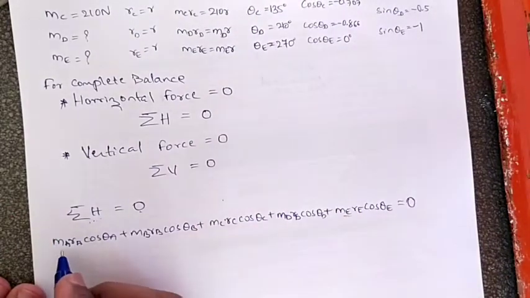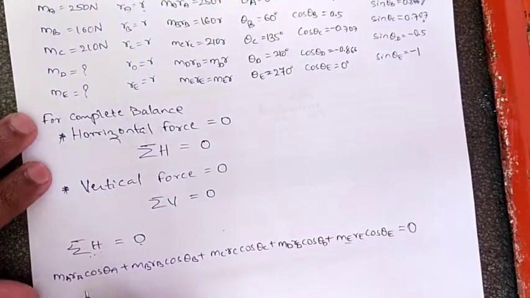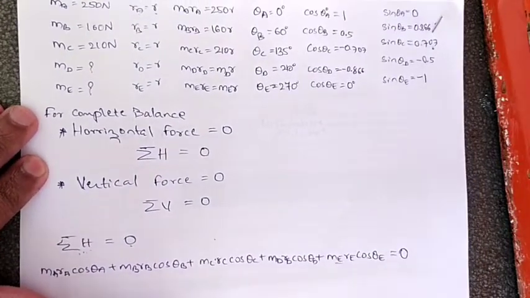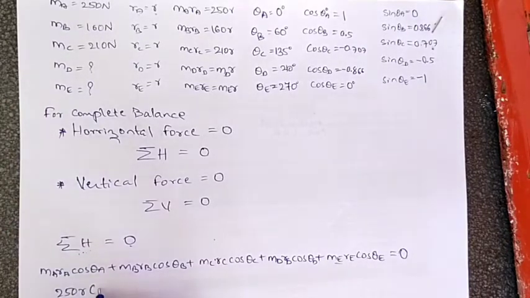Now you go on substituting. MA RA, whatever you have found out, is 250R into cos theta A, and cos of 0 is 1.